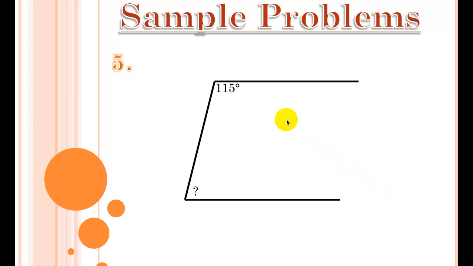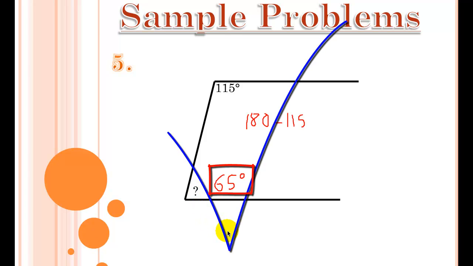So since this angle is 115 degrees, 180 minus 115 equals 65 degrees. So this angle will equal 65 degrees.